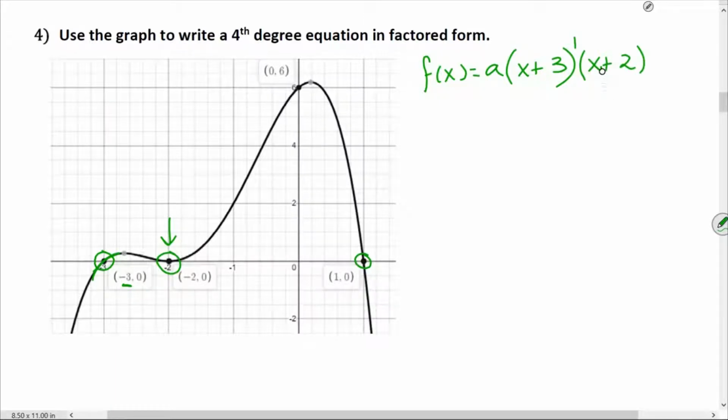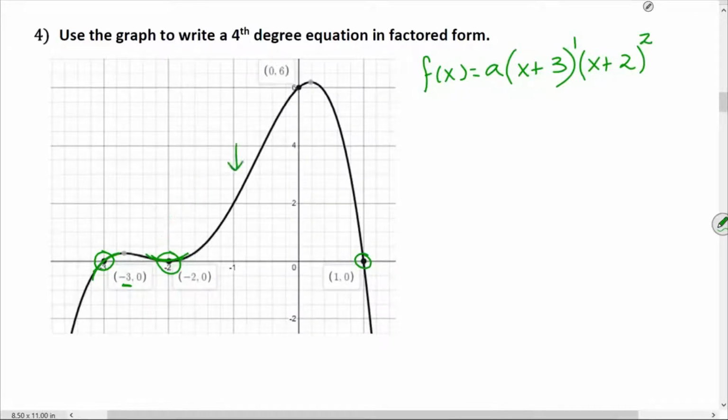Now at this one, I notice that it doesn't cross, it bounces. And bouncing, I've learned, happens when I have an even multiplicity. That looks pretty smooth, not extra wide, so it's going to have a multiplicity of 2, a smaller even number.